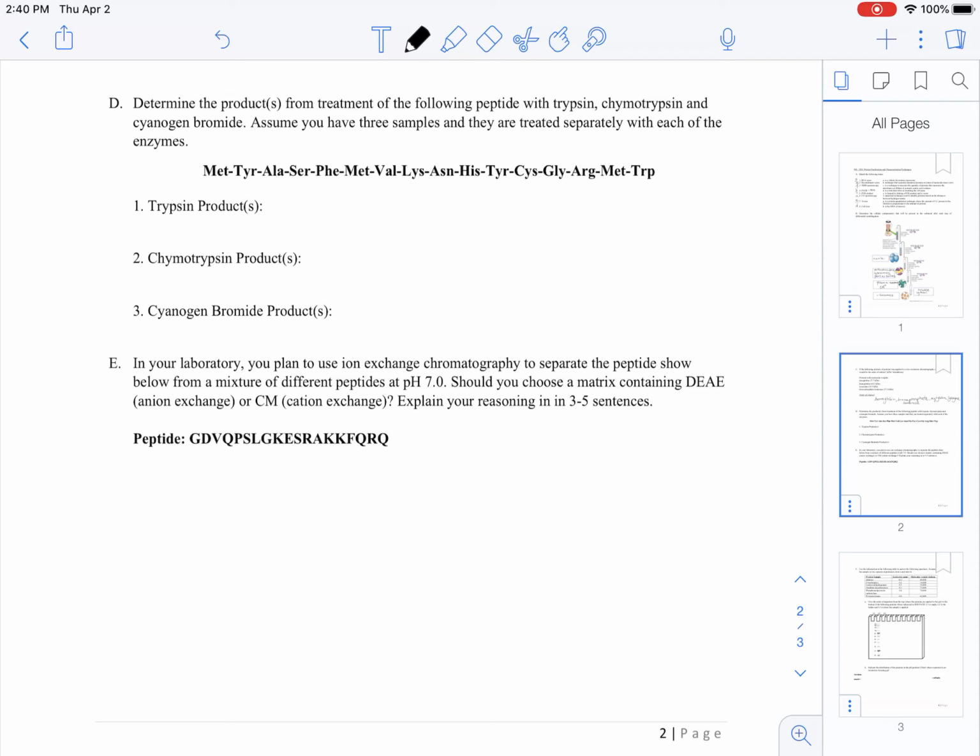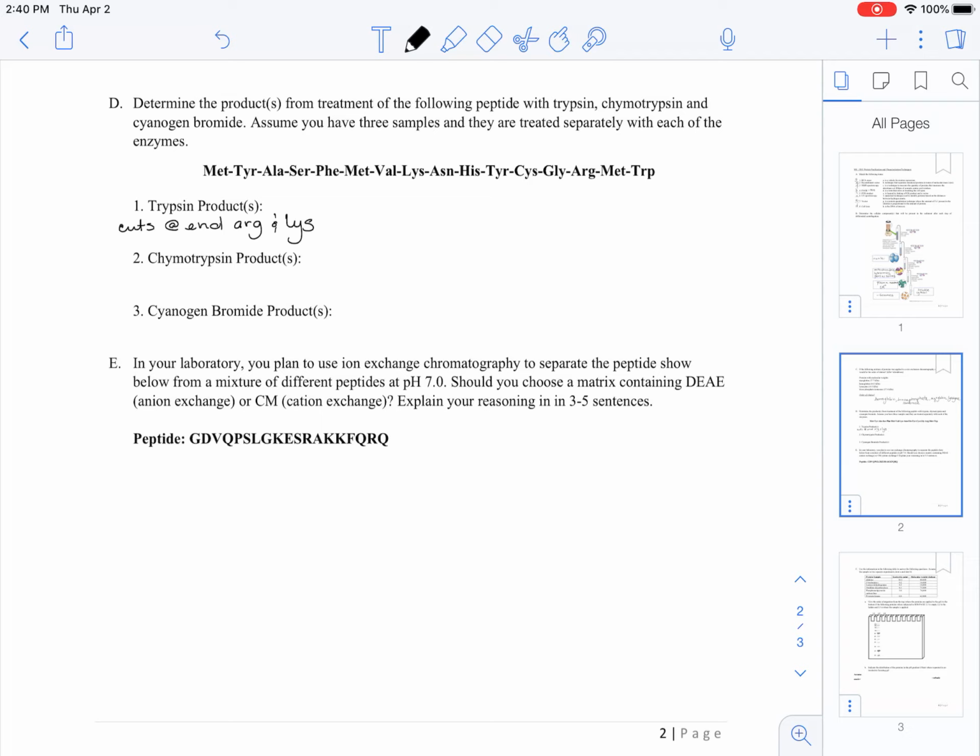So when it comes to this, understand that we need to first define what are going to be the types of lyses, or in other words, how are these enzymes going to be cutting the particular peptide. Trypsin cuts at the end of 2 specific residues, arginine and lysine.